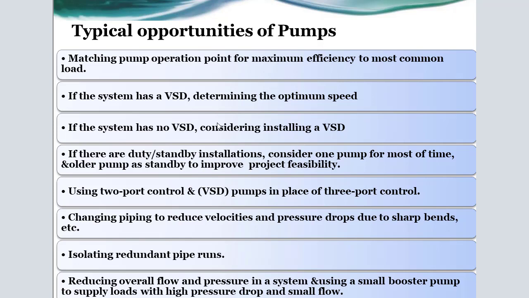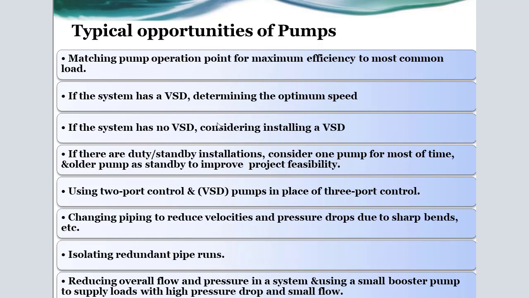And also may provide advice on using two-port control and variable speed drive pumps instead of three-port control. And also maybe advice about changing the piping system in order to reduce the effect on velocities and pressure.